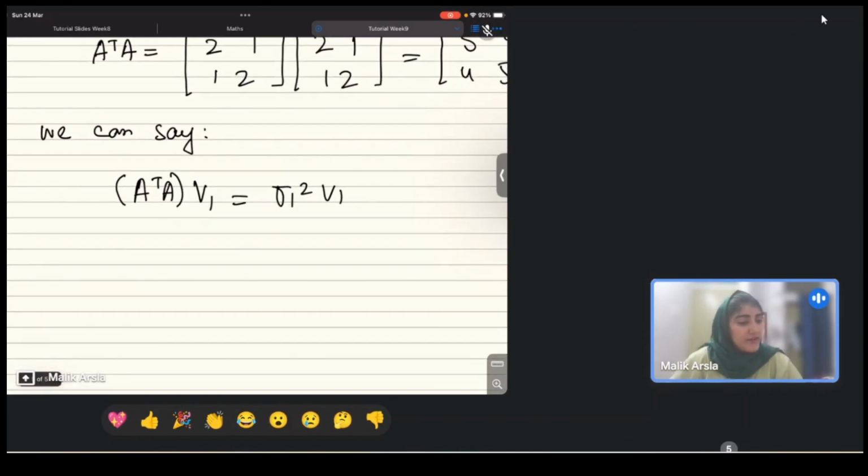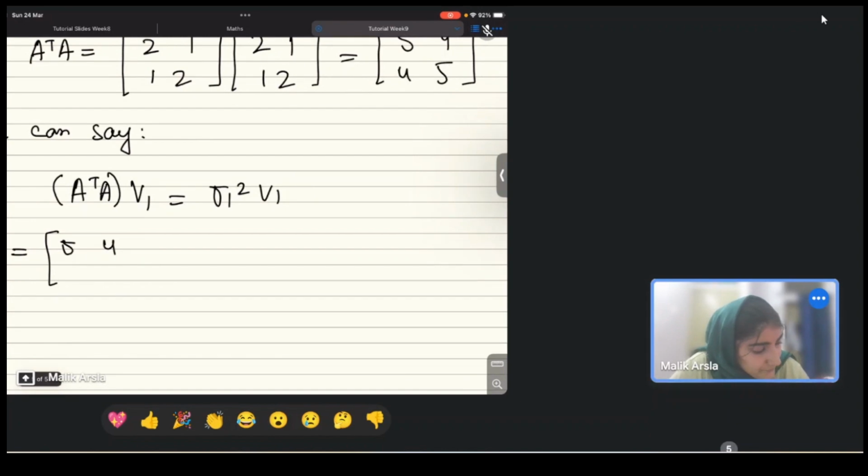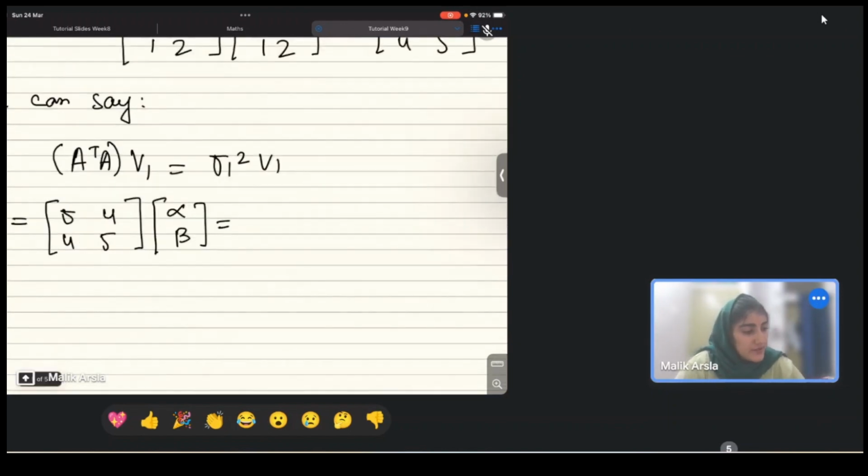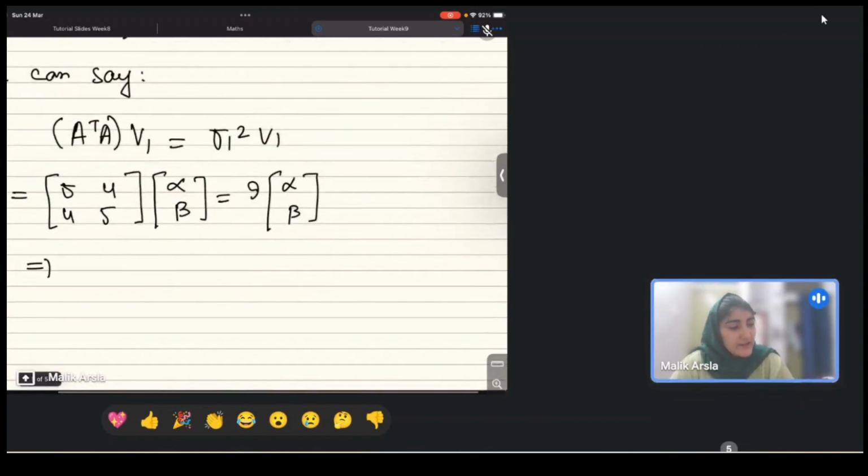So from here we can find that A transpose A is 5, 4, 4 and 5. And V1 we can write, say, I have taken alpha beta. Now sigma 1 square is 9. So from here we will get two equations in alpha and beta and we'll have to solve that.